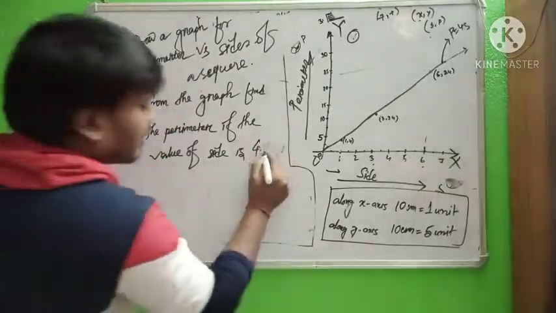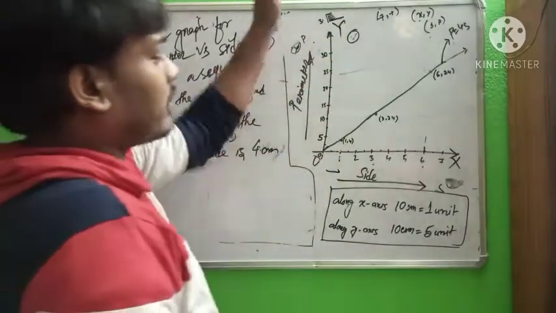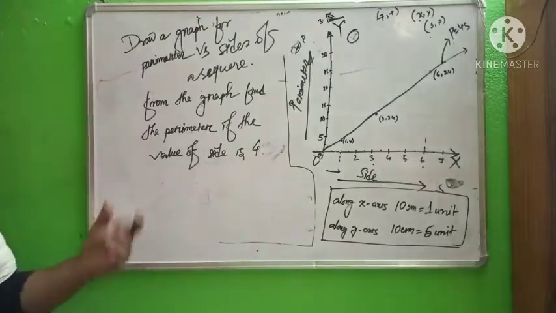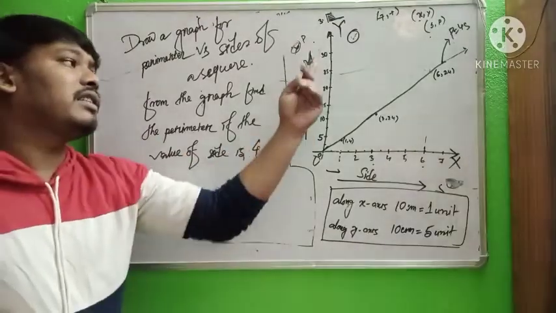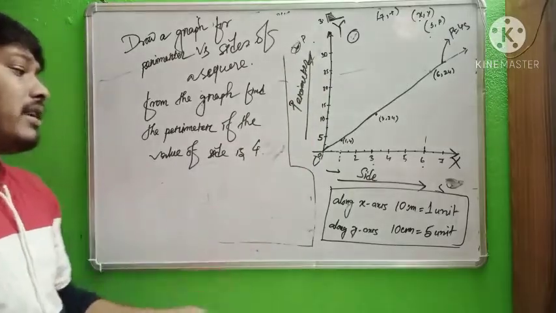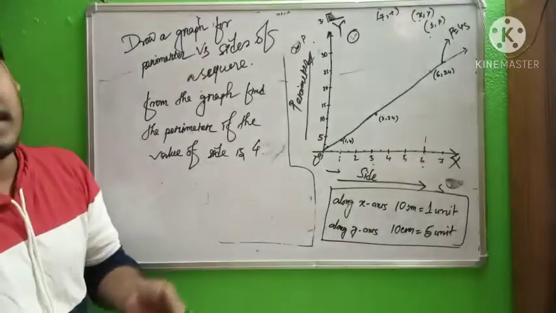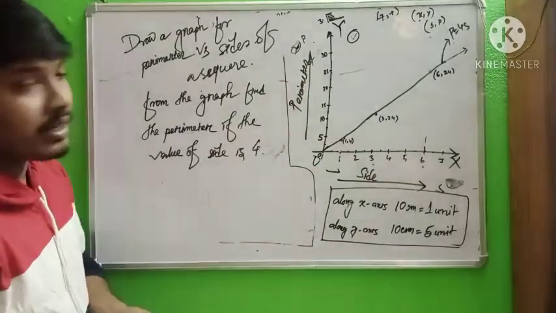If it is given in centimeter, then we also take the value in that way. If the unit is given in centimeter, then we write the perimeter in centimeter. If the side is given in meter, then the perimeter will come in meter. So there is no problem.